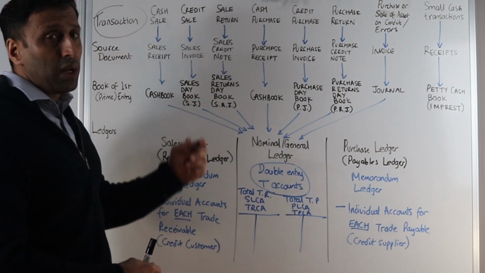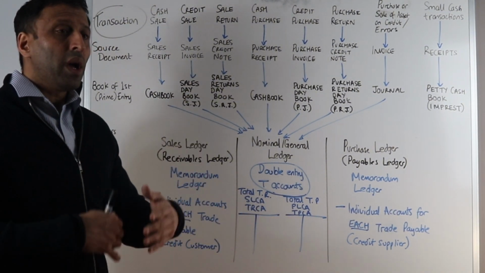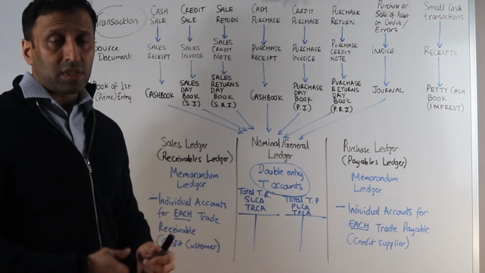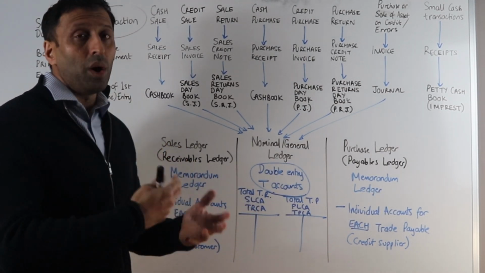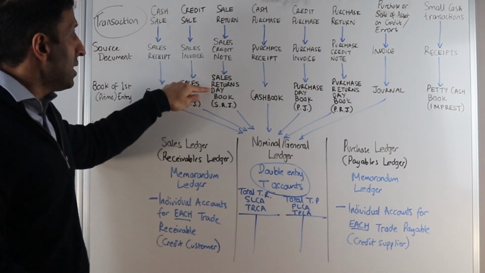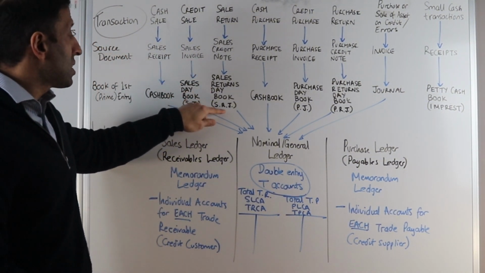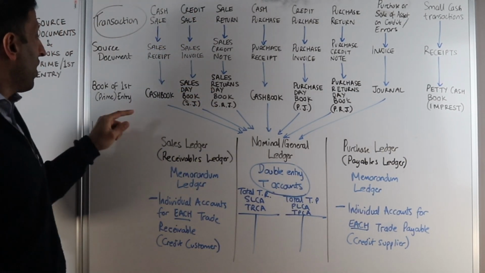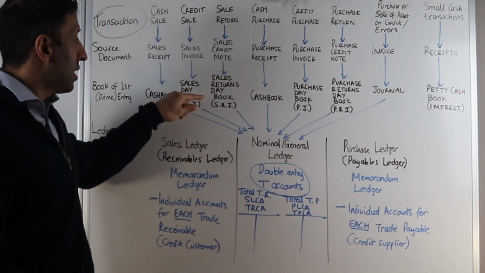An invoice essentially means that the customer owes us more. A credit note has the effect of reducing what's owed to us, so they owe us less. A sales credit note is recorded in a sales returns daybook or sales returns journal. So that's a sales return, recorded in the book of first entry, which is the sales returns daybook.